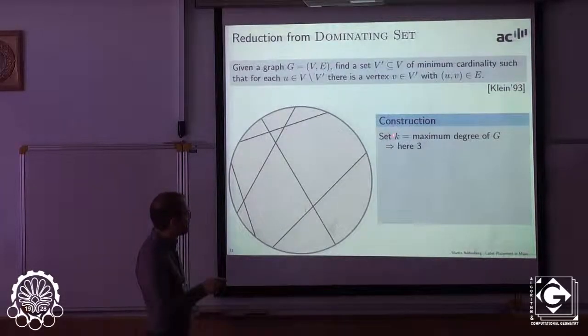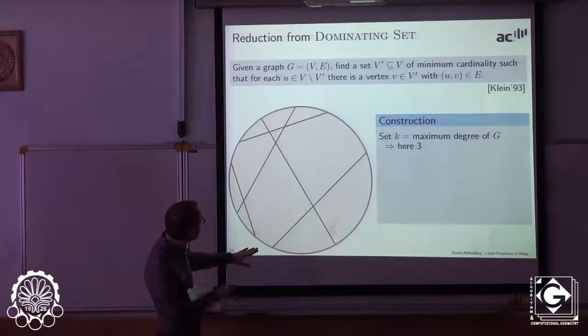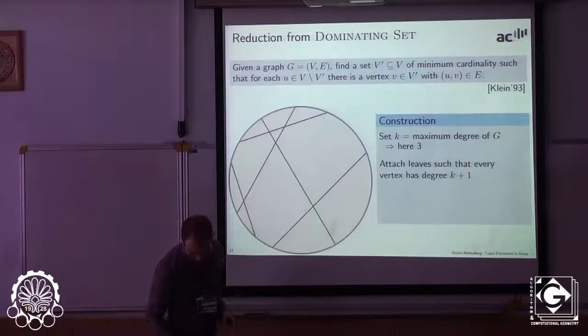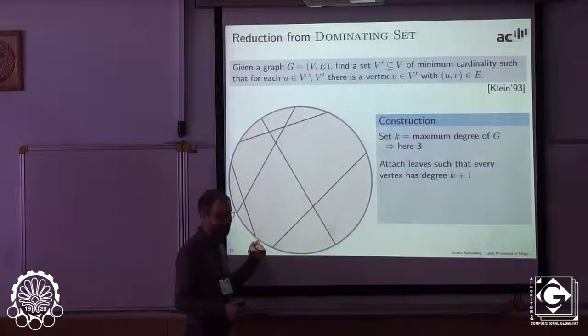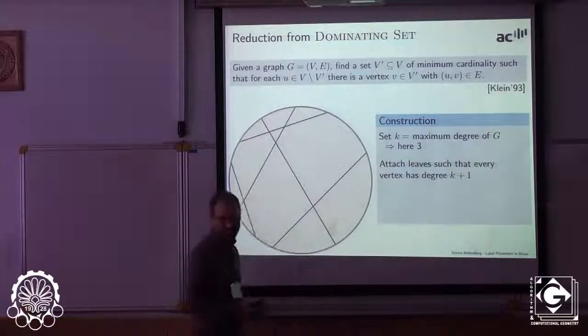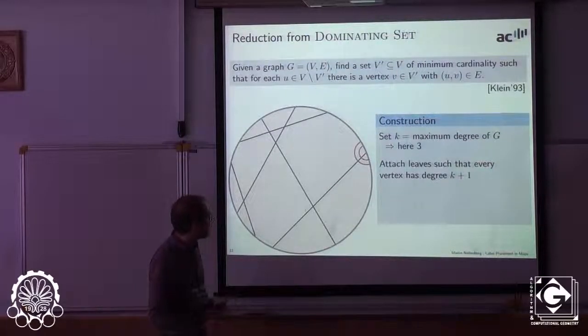So the idea is that we set the number k to be the maximum degree of G. In this particular example, the maximum degree is 3 on that edge, but in general it's some other number. And then what we want to make sure is that in the instance that we get in the reduction, every vertex has degree k plus 1. So we add more chords, so that we get a graph that has all vertex degrees the same.